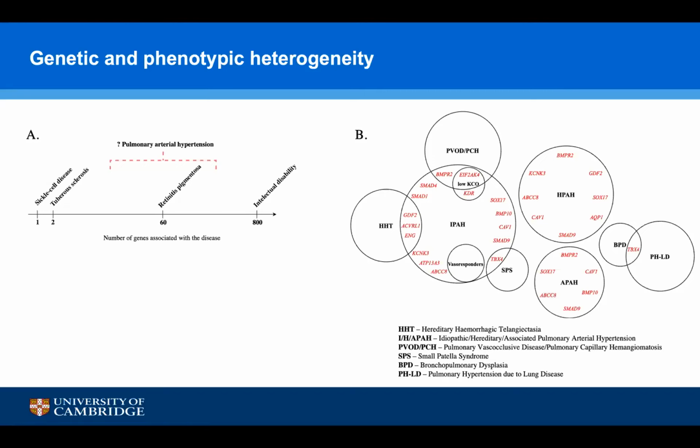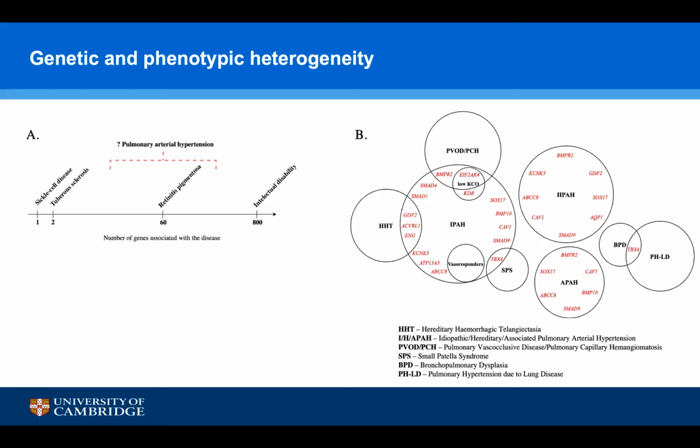The second phenomenon that makes genetic discovery difficult is phenotypic heterogeneity. We know that our current classification is not ideal, and not all patients sit neatly into or fit neatly into a single category, and there is also a lot of heterogeneity within the groups and subgroups.